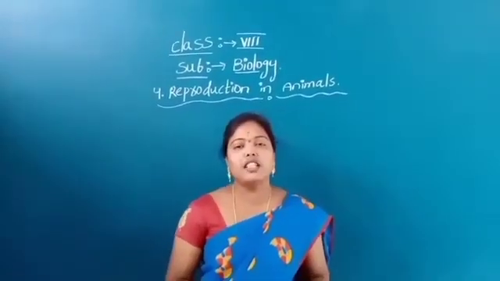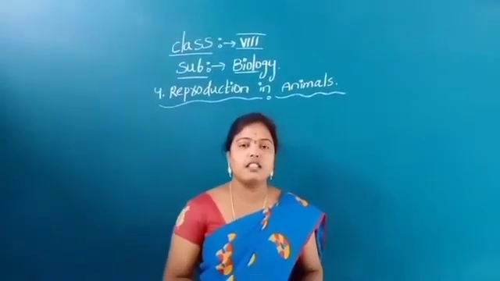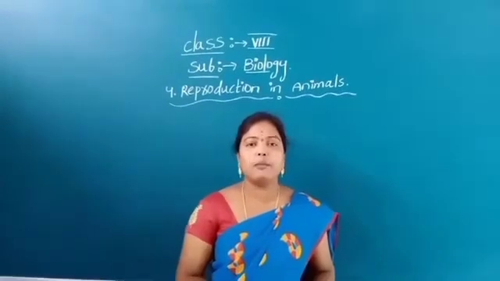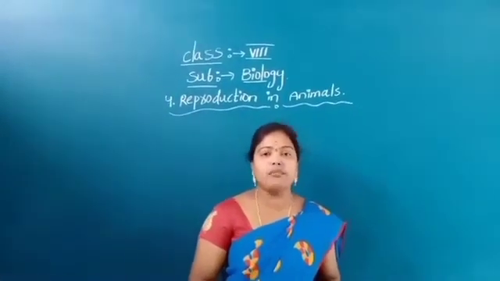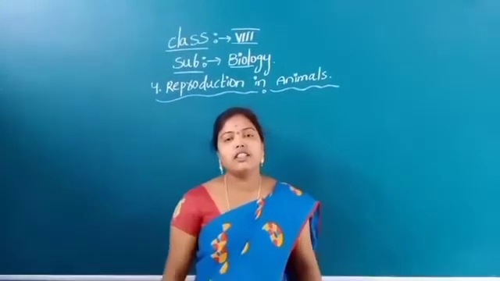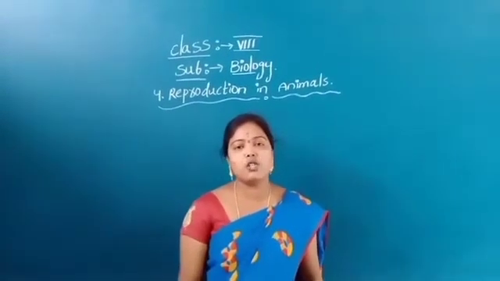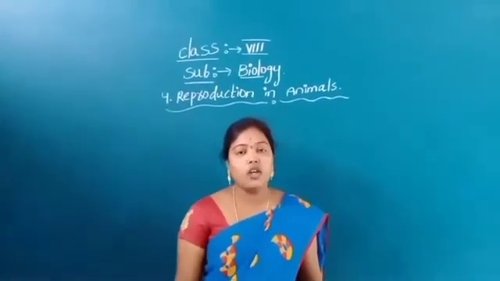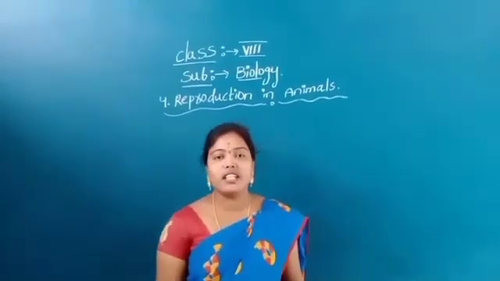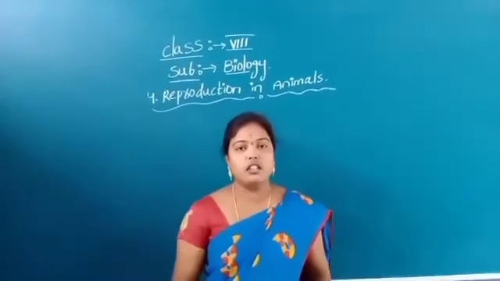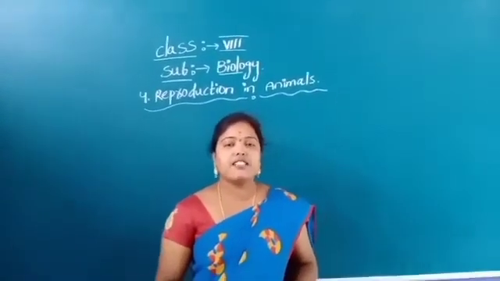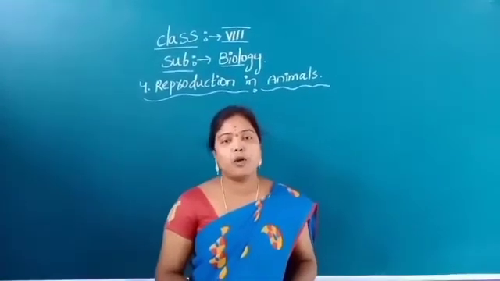Very good morning, children. We are going to discuss the 4th chapter, reproduction in animals, from 8th class biology. Children, in previous classes we also discussed what reproduction is and what the types of reproduction are. And we discussed the fertilization process.